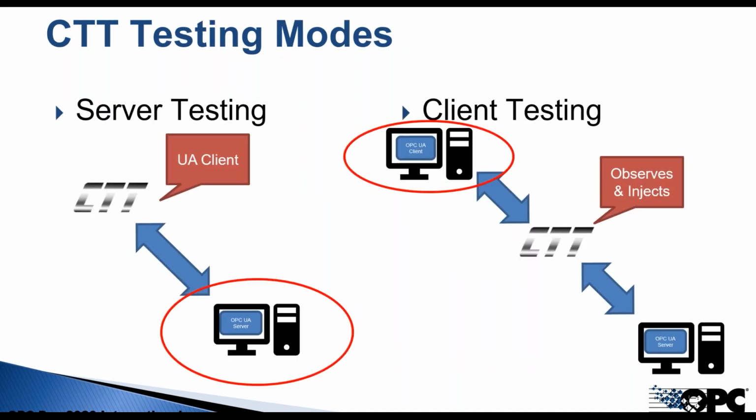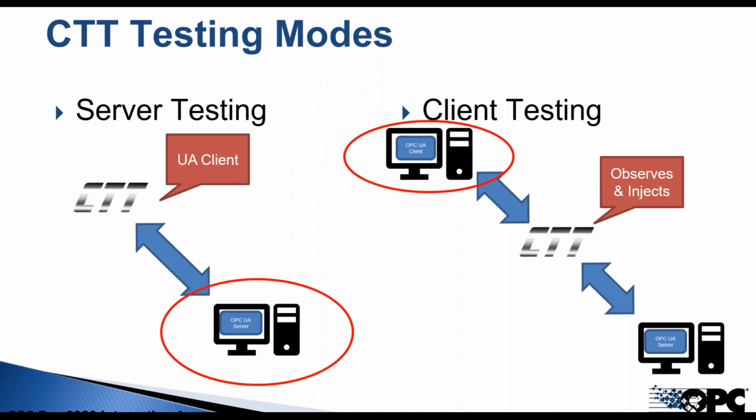So something that we are very frequently asked is what does the CTT actually test and how can it be used? So we just learned what has been introduced, and now I want to provide you some more information about the 2 different modes the CTT can be used in. So we do have server testing, in which case the compliance test tool is actually acting as a normal UA client.